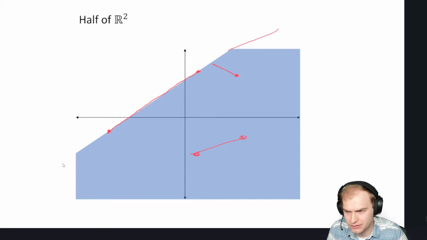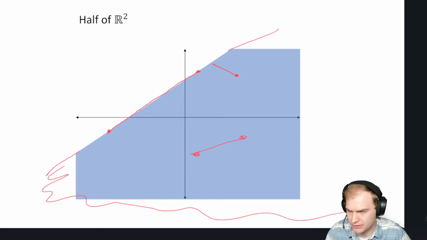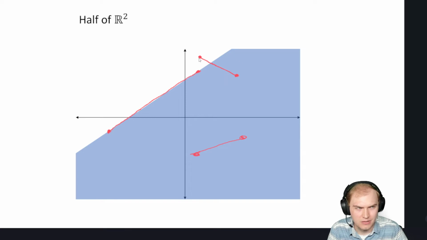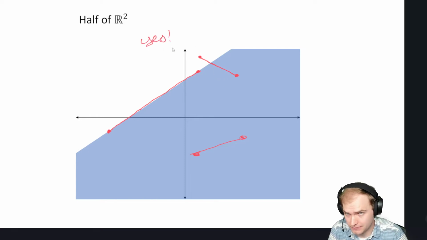Pretend that this expands on to infinity, sort of in all these other directions. We want to draw a line that leaves the set, but the point we have to get to is going to be outside the set, right? If ever we want to leave the set. So yes, this is convex, because we can't draw a line segment outside of the set without having its endpoint be outside of the set.